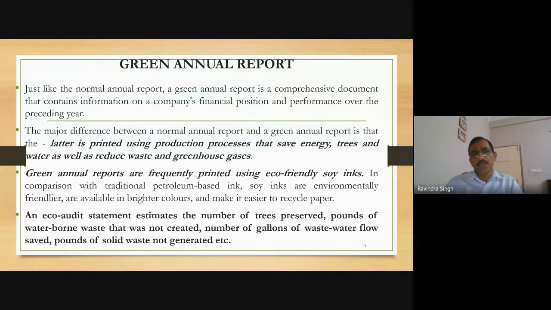So you are getting your profit, but why at our cost? Why at the cost of our health? So the government has put a condition that due to this activity of yours, common people are suffering with their health, environment is suffering, the sustainable development concept is being defeated.